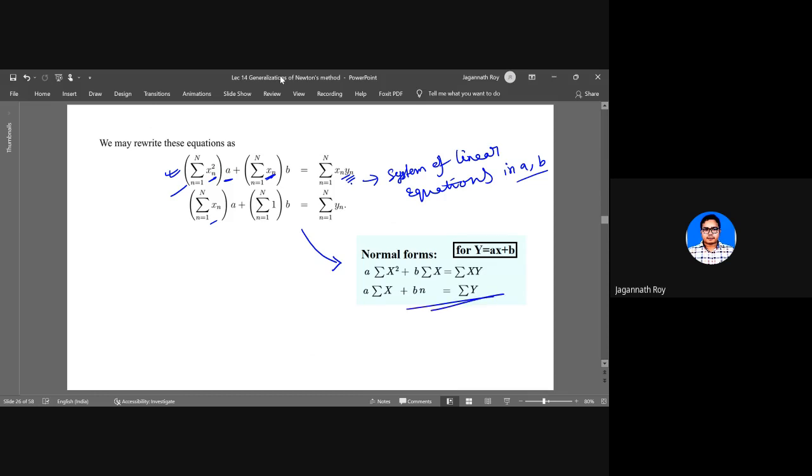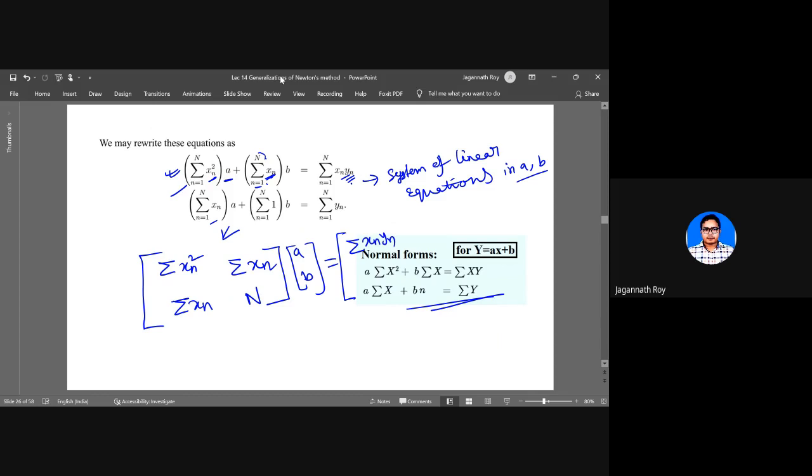To make it simple, without explicitly writing n equals 1 to n everywhere, this can also be written in the matrix form, with xn, xn, then a and b, and xn yn, yn of this form.